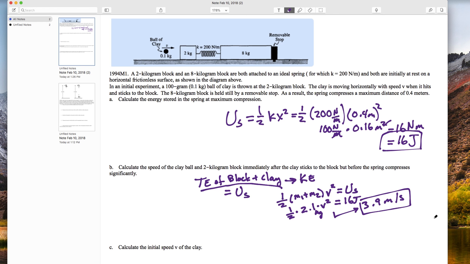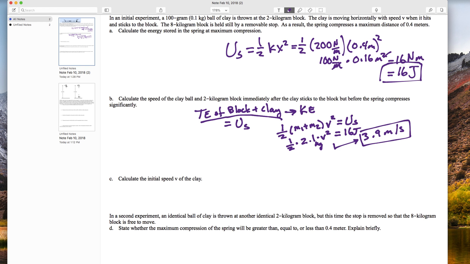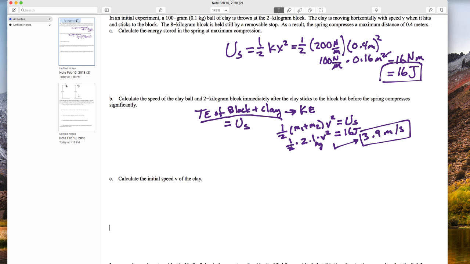so let's move on to calculate the initial speed of the block, of the clay. Well, this is where conservation of momentum comes into play. Calculating the initial speed, let's give ourselves some space here. Calculating the initial speed of the clay is going to require that, well, we know the speed of the combined system after the fact.